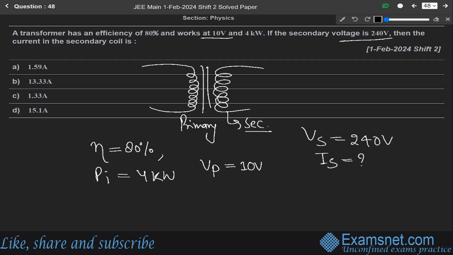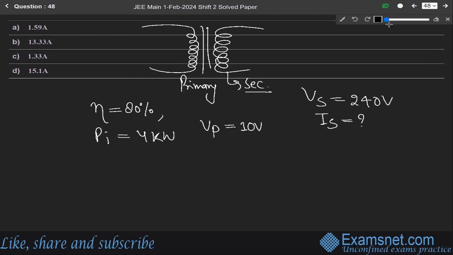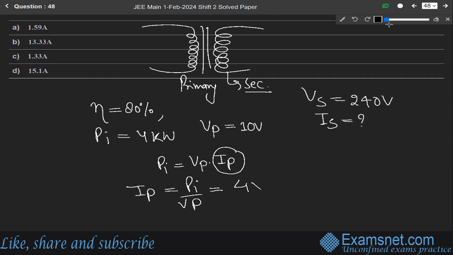So using the power formula, P equals VP into IP. At first, we will find the value of IP. So IP will be equal to P over VP. P is 4 kilowatt, meaning 4 into 10 to the power 3 watt, over VP, given as 10 volt.